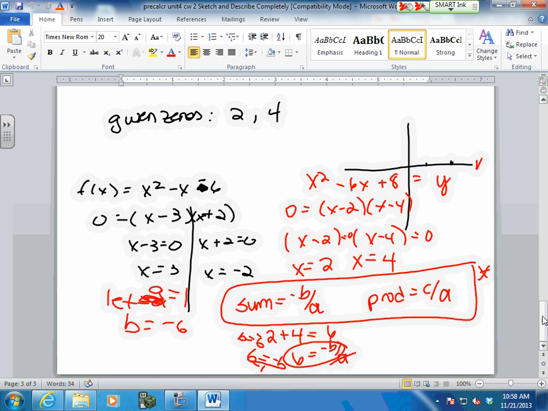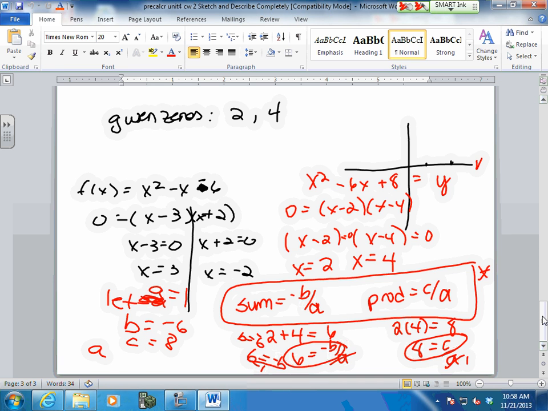Okay. Let's do the product. Anybody remember these? Sound familiar a little bit? Product. What's 2 times 4? 8. Let's set 8 equal to c over a. But we said let a equal 1. So therefore, what's c? 8. Right?